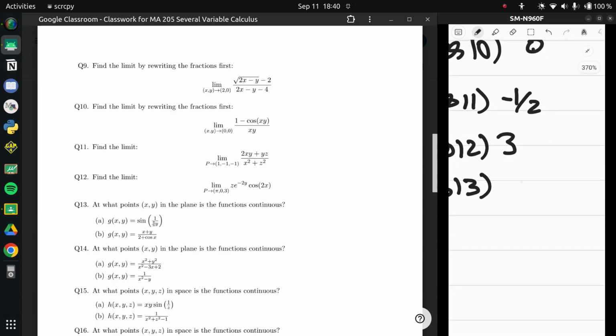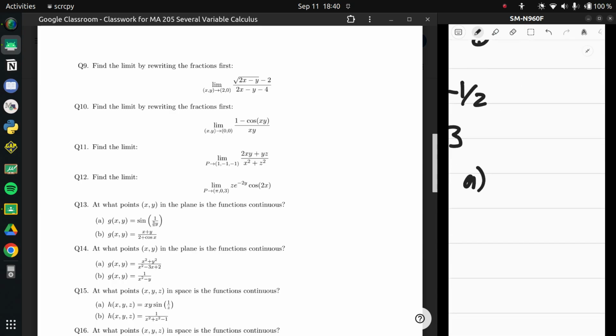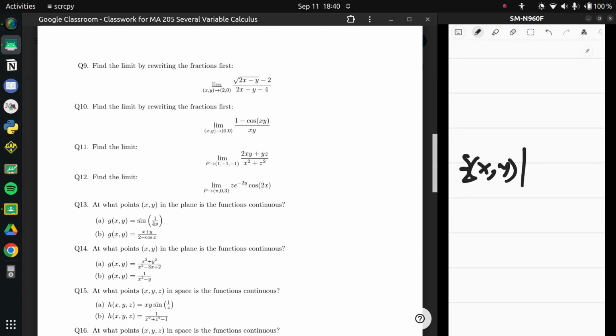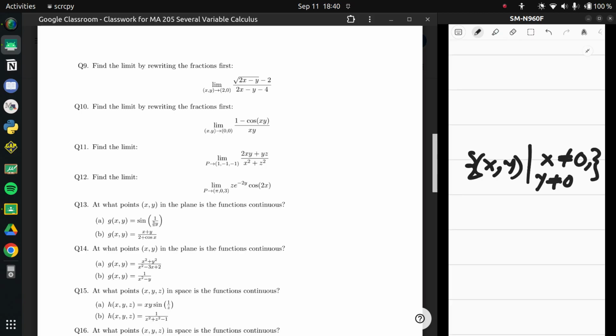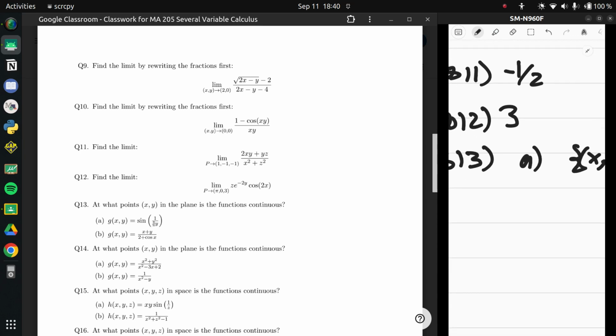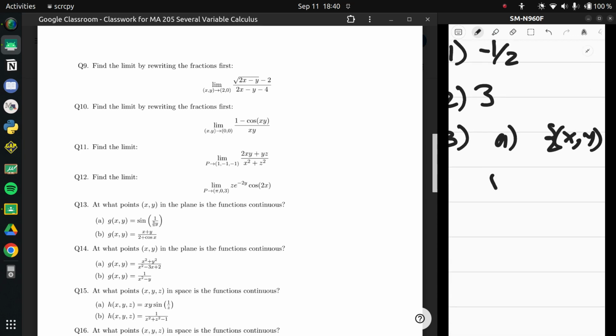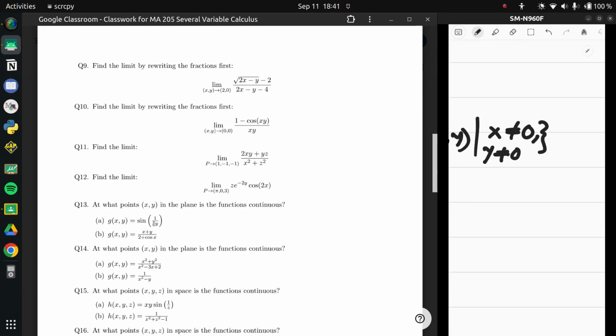So question 13a is basically all (x, y) such that x is not equal to 0 and y is not equal to 0, right? Everywhere it's continuous basically. So this should be an "and" condition, not just a comma.